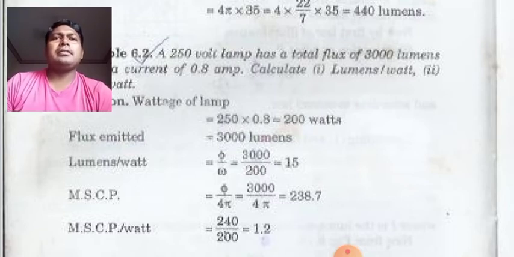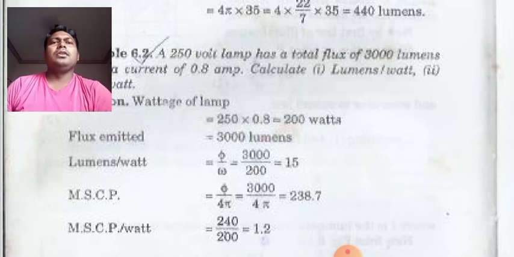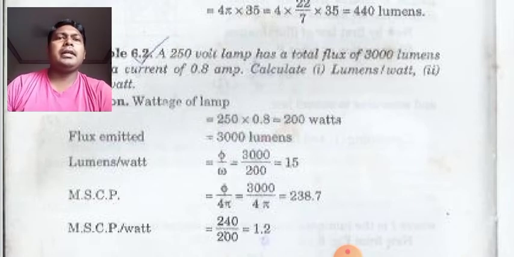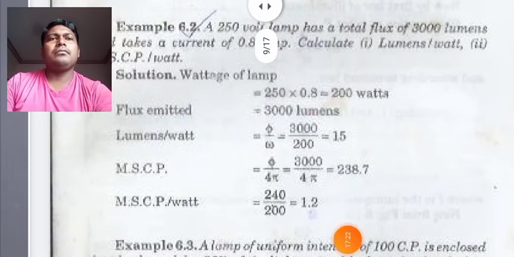Now MSCP is equal to phi divided by 4 pi. Phi is already 3000, so we divide it by 4 into pi. That will give you 238.7. MSCP per watt is equal to 240 divided by 200, that is equal to 1.2. So students, you might be thinking where this 240 came from, right?